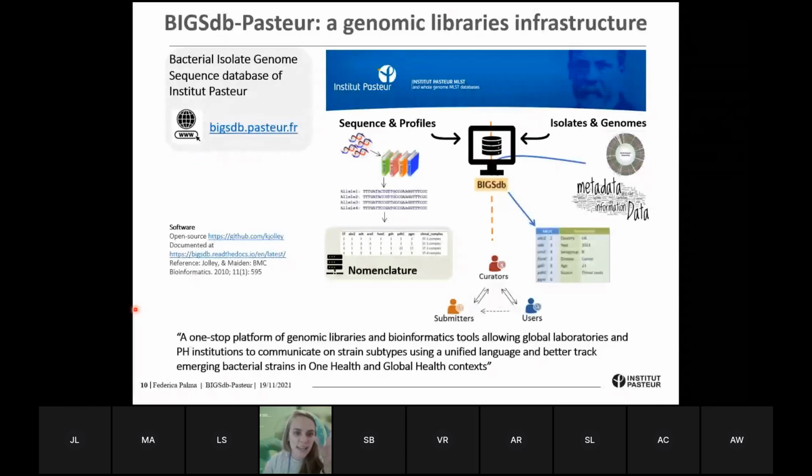And on the other side, in the center, here we can see the allele and profiles, which are cataloged to allow us to provide a nomenclature service that basically consists in the translation of the allele sequences in this ID, as explained before.